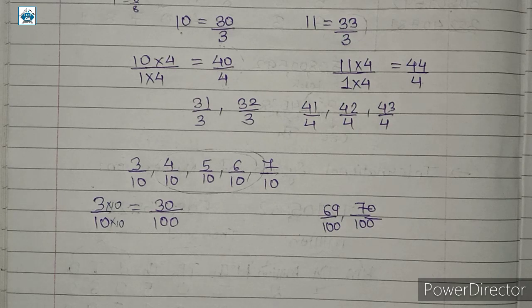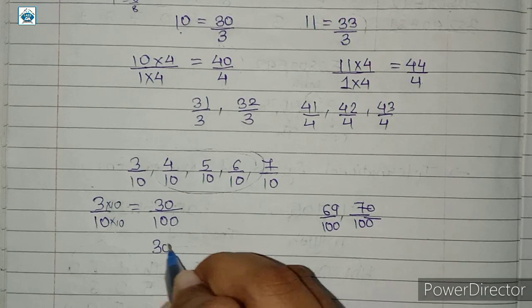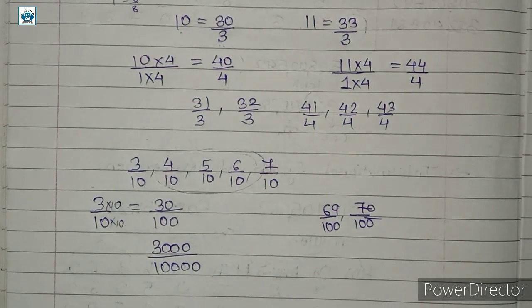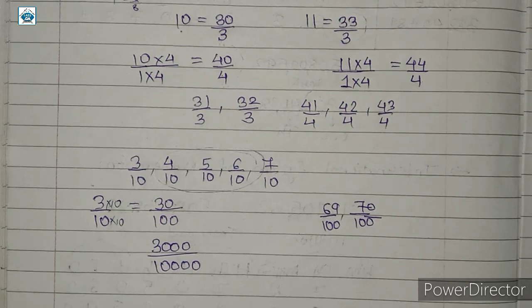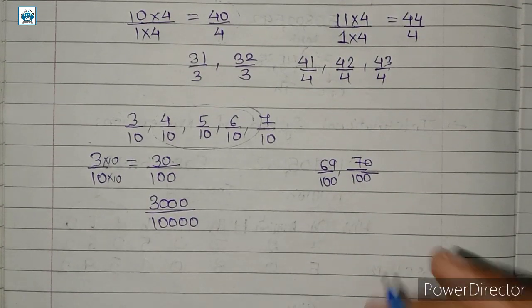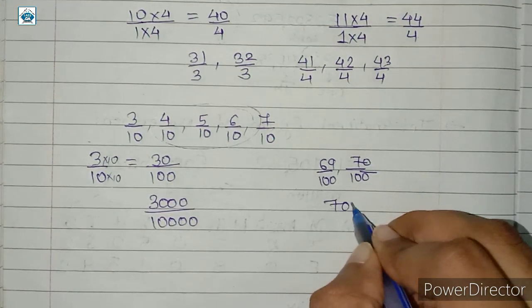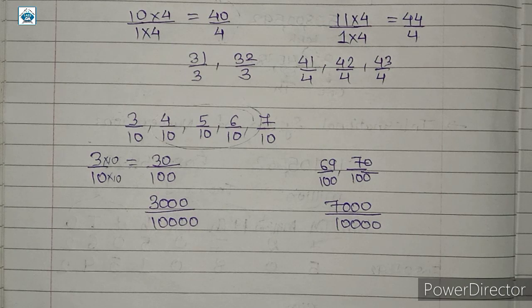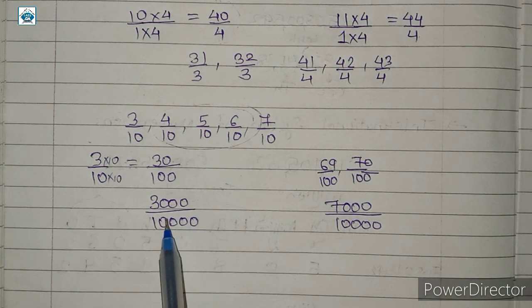In a similar manner, 3 by 10 can be written as 3000 upon 10,000. In this way also we can write 3 by 10. Also in a similar manner we can write 7 by 10 as 7,000 upon 10,000, because the zeros will get cancelled and we will get back 3 by 10.